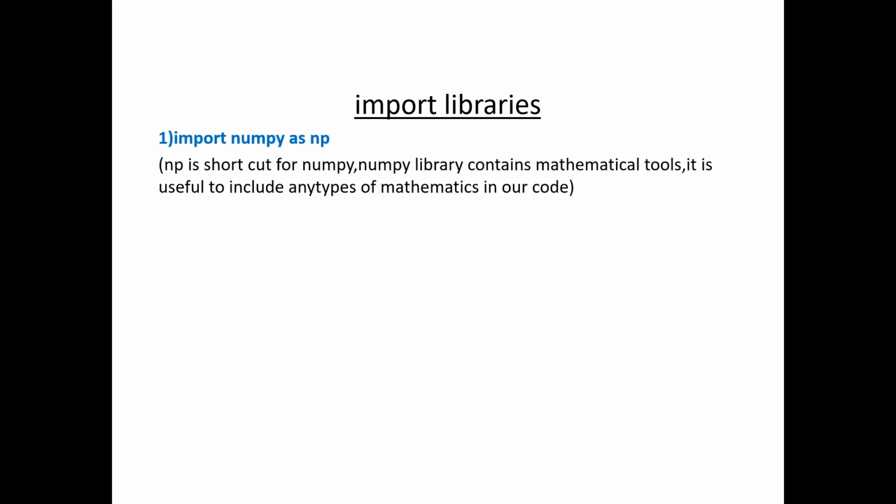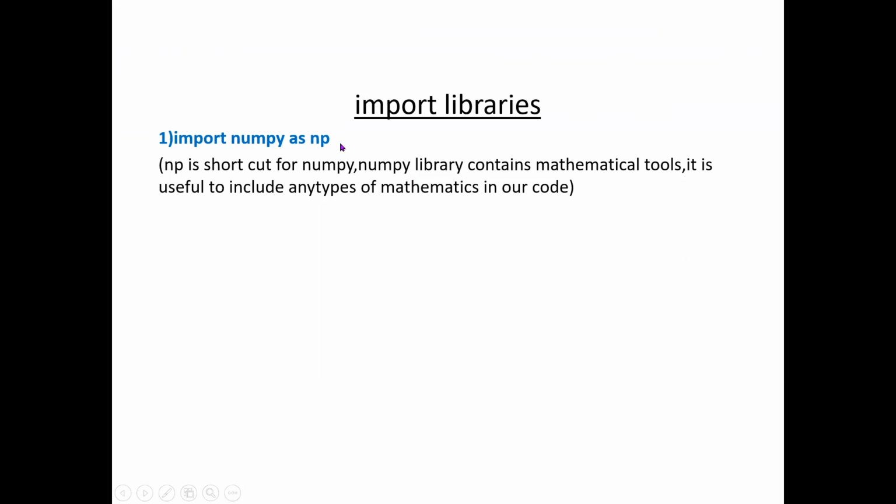Now come back. How to load a data set? Before that, we need to import the libraries. For example, if I want to import the library sklearn, you write import sklearn. If you want to import any library, you use the keyword import in Python. For example, NumPy is a package which is used for mathematical operations. If you write import numpy as np, the advantage is that later, in the place of numpy, we can use np.